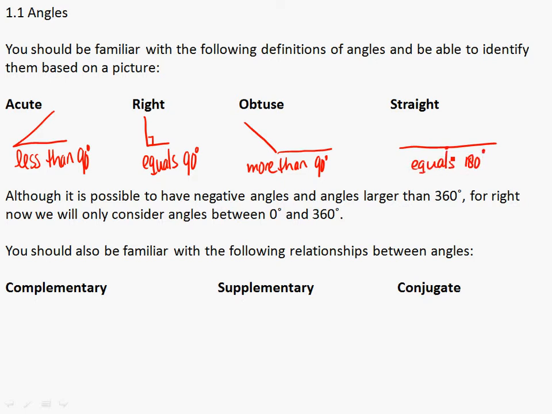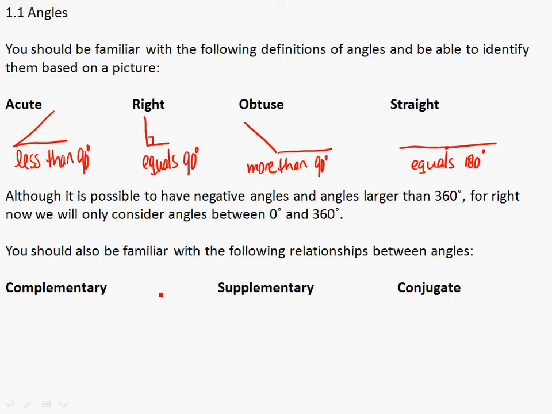The reason I said we'll go with more than 90 is that technically obtuse would be more than 90 and less than 180, but that's okay. For right now, we're only going to go for angles between 0 and 360. We will see later in this chapter that you can have negative angles and angles larger than 360, but we'll have to change our definition since most of us did it based on lines intersecting and the space between them. We're sort of stuck between 0 and 360.